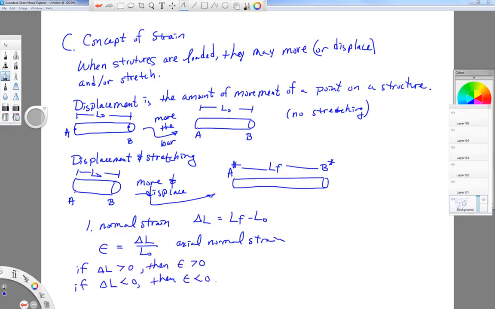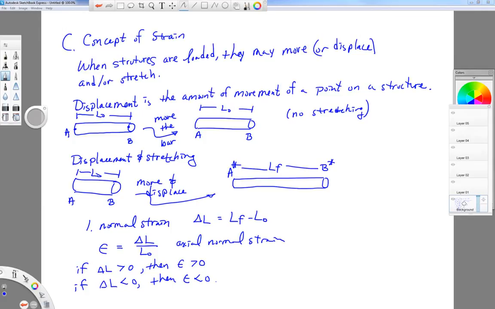All right, axial normal strain has a sign associated with it, similar to what stress does. But we can take a look at this formula, epsilon is equal to delta L over L naught. If the change in length, the portion on the top, is greater than 0, if it stretches out, then the strain is positive.